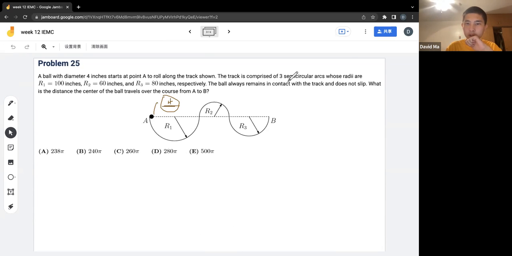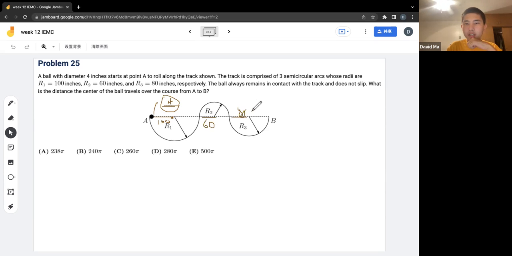The track is comprised of 3 semicircle arcs whose radii are R1, which is 100 inches, R2, which is 60 inches. So the radius of this one is 100. The radius of this one, 60. The radius of this one is 80.